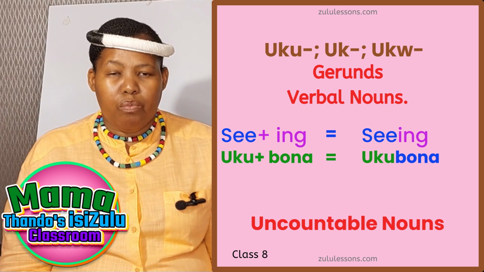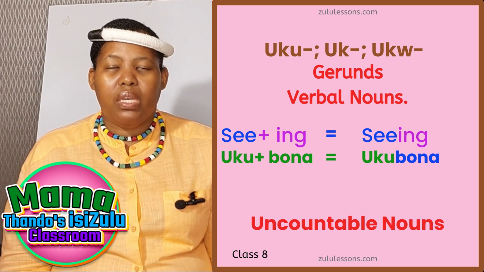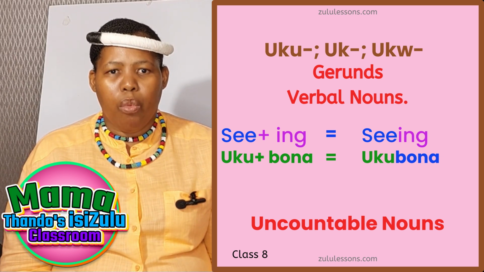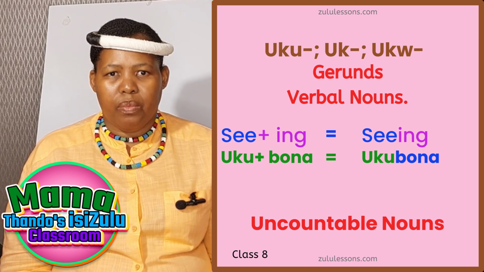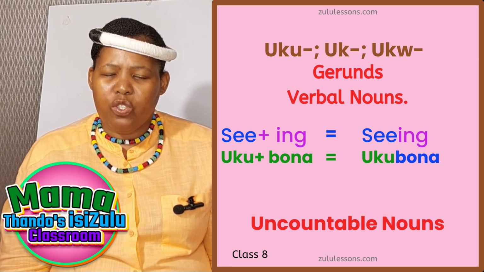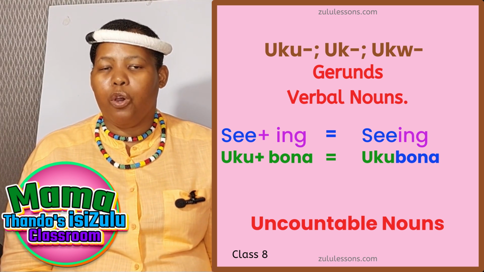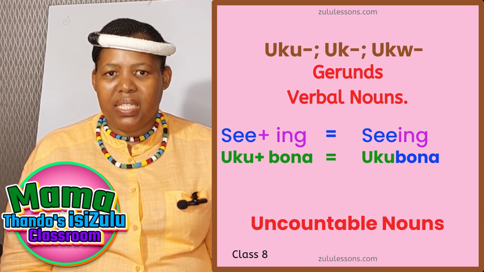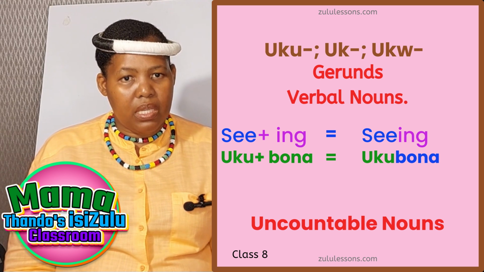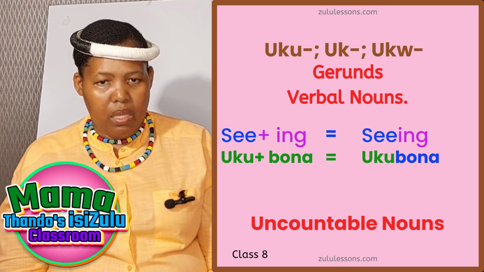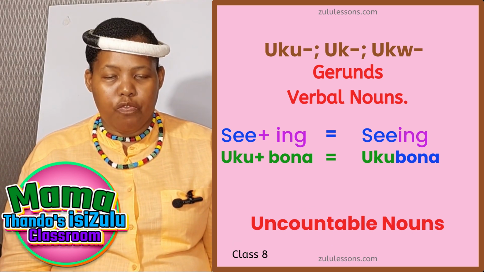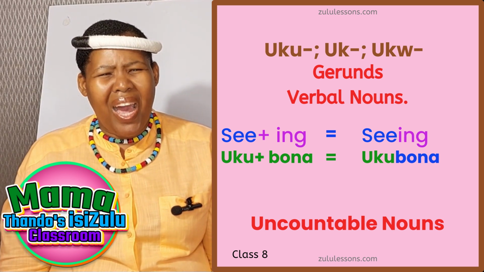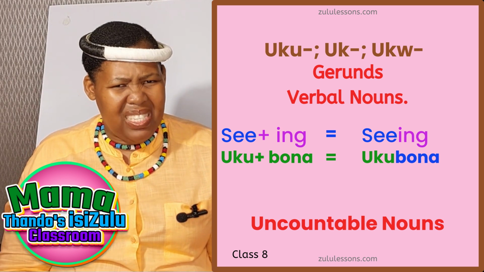The word to see in isiZulu is bona. And if I'm changing this and making it into a gerund or a verbal noun, in English it would be seeing. So from see to seeing. In isiZulu, we would move from bona to ukubona. How can we count that?